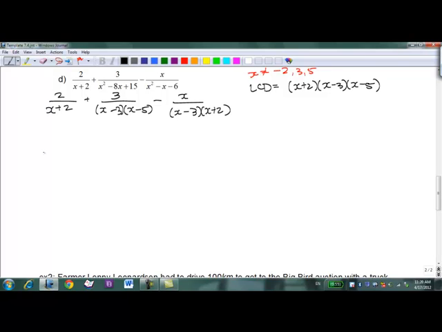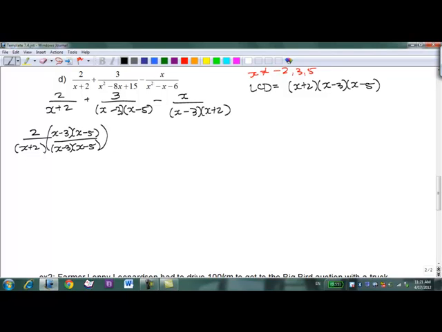So let's take a look here. We have a 2, we have x plus 2. What do we need to multiply this by? I think we're missing an x minus 3 and an x minus 5. So x minus 3 and x minus 5.